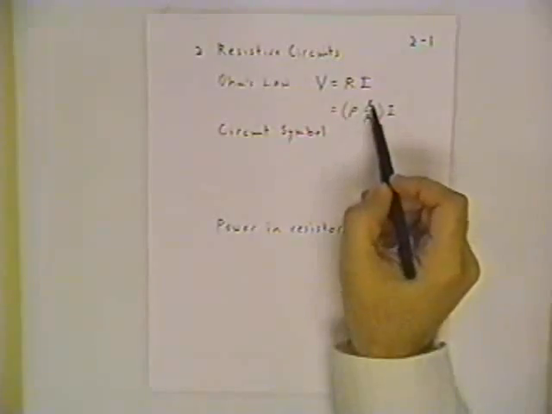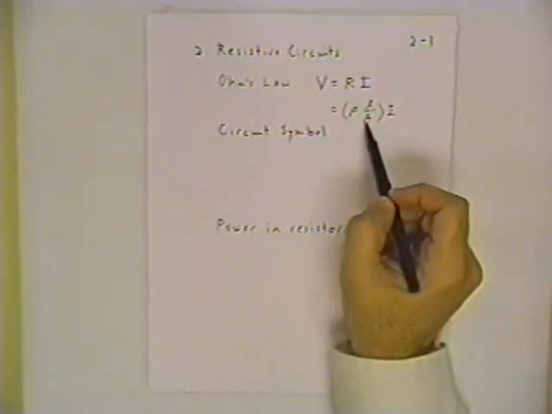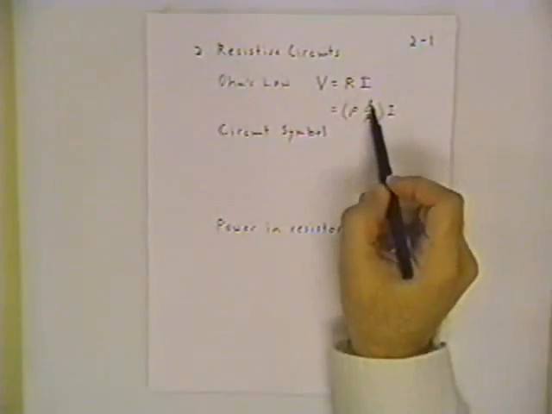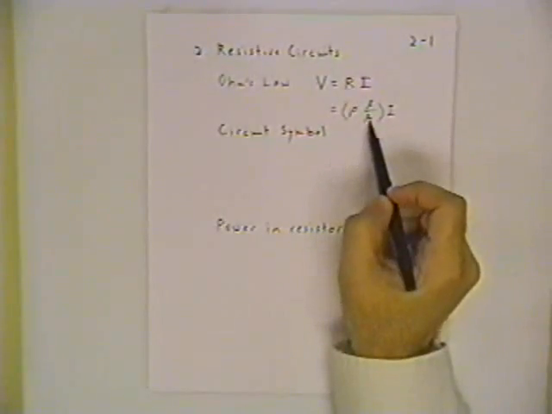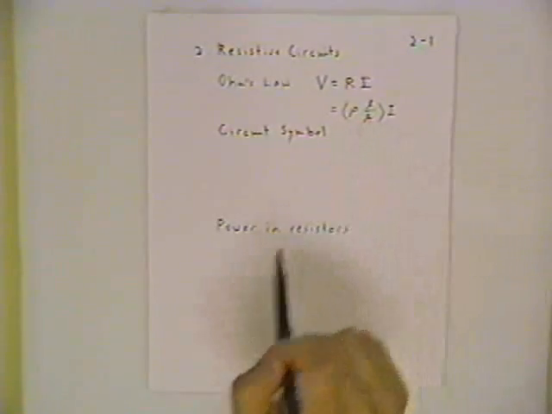That's resistivity, the length of the resistor, and the cross-sectional area. And remembering those two parameters and how resistance goes proportional to length and inversely proportional to cross-sectional area is going to help you remember the series and parallel formulas that I'm going to give you.